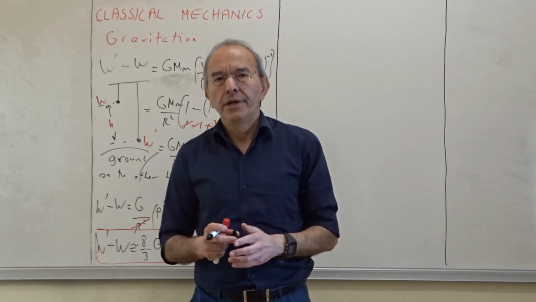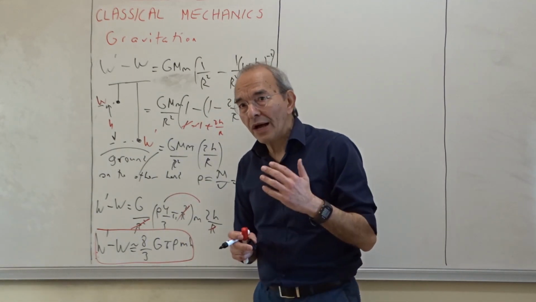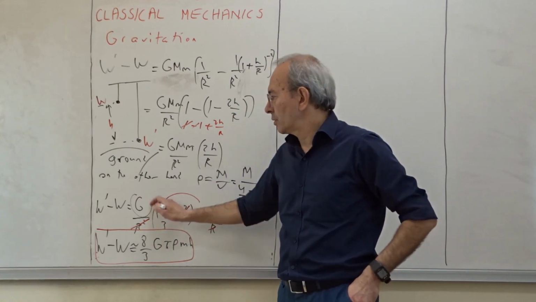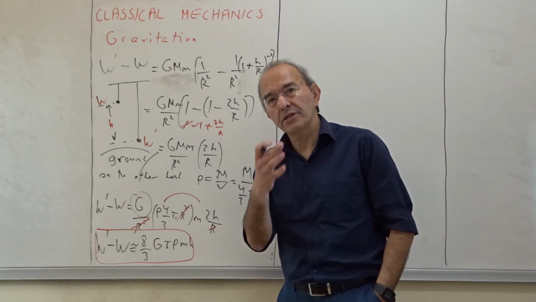Using this simple setup, he found out that capital G, this constant, numerically is a very small number.